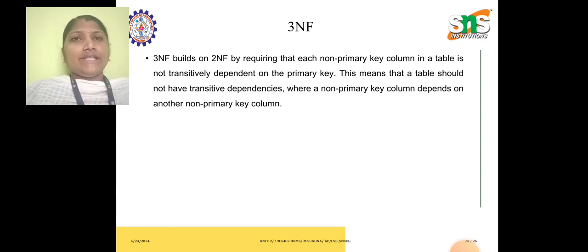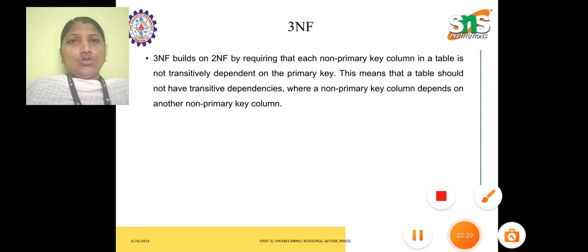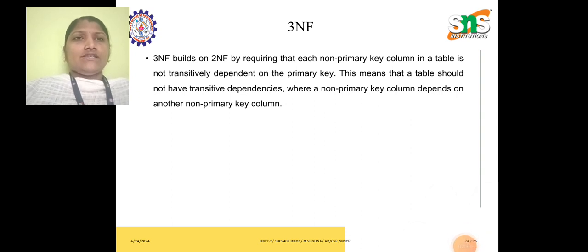Transitive dependency means if A determines B, B determines C, then indirectly A can determine the value of C. As you all know the transitive relation, that is what we call a transitive dependency. So a table is in third normal form means the table should not have any transitive dependencies.